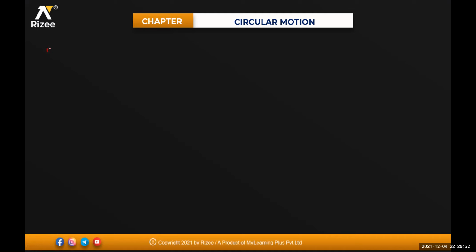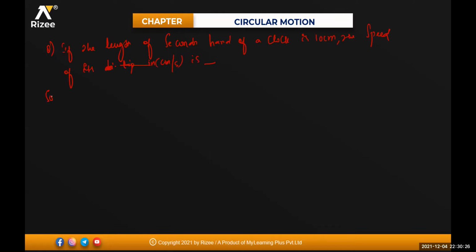See this question, madam. If the length of the seconds hand of a clock is 10 centimeters, the speed of its tip in centimeters per second is, well, I'll try to do it.